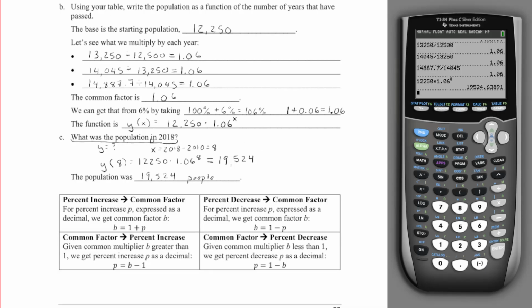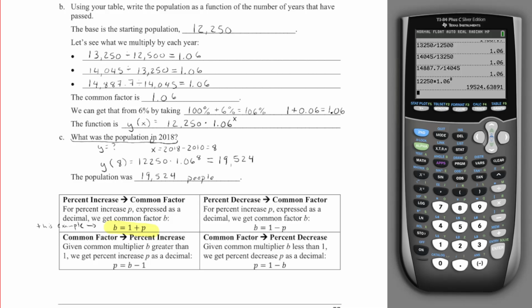And the last thing here just kind of sums up this relationship between the percent increase and the common factor. This is what we saw in this example. Subtract 1 from both sides, and you get a way to go from the common factor to the percent increase. So if you found the common factor, for example, with xbreg, you can find the percent increase just by subtracting 1, and then convert to a percent.